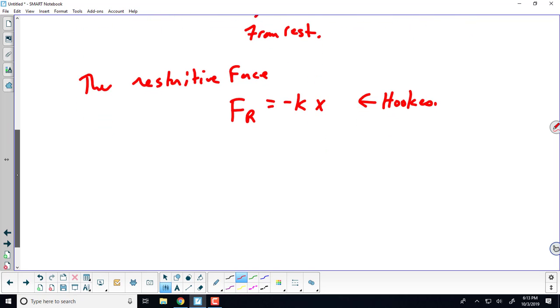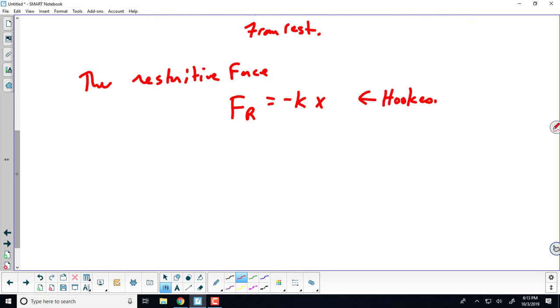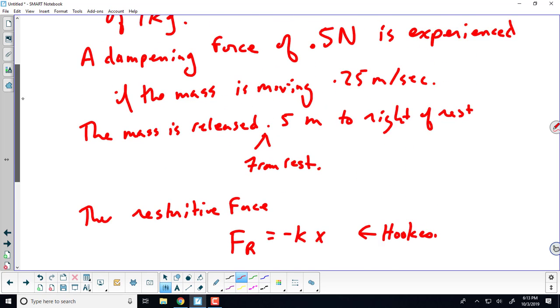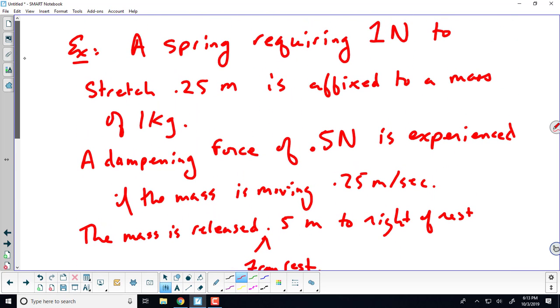So in our case, we had a restorative force. We said in the preamble that we've got a force of 1 newton to stretch it 0.25 meters, which means we're exerting 1 newton of force to stretch it. So it has a restorative force that's equal and opposite to that.